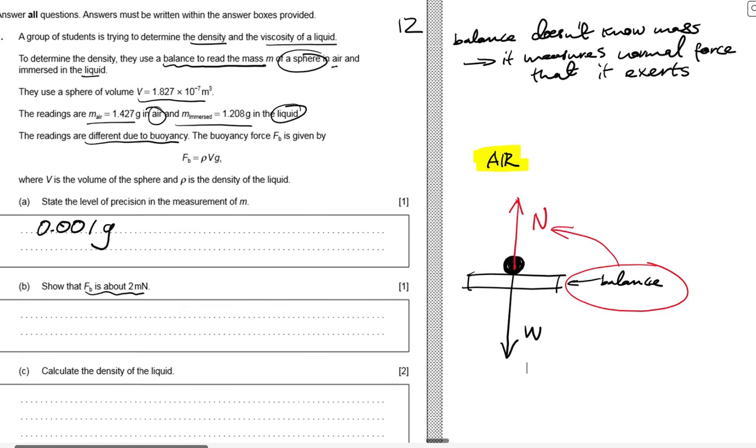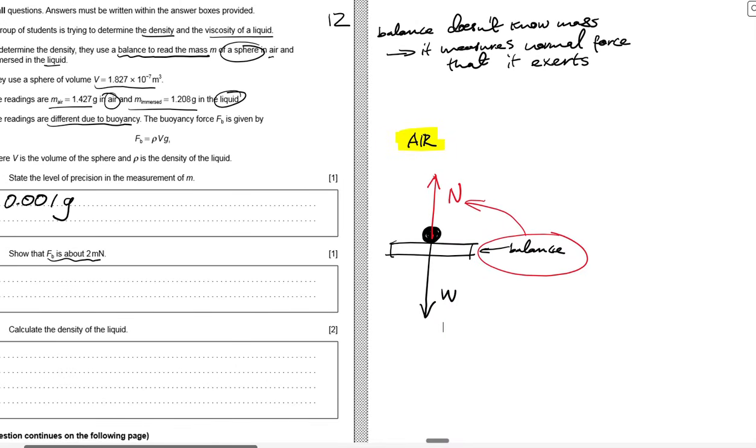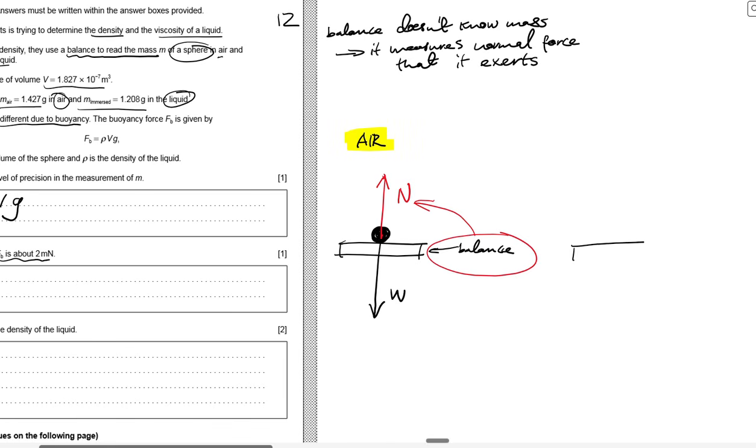Okay, and then what we're saying is when it's immersed, let's have a new diagram. So we essentially get two different equations. What's different is when the ball is immersed, now we have a buoyancy force that takes over the normal reaction. The normal reaction force does not have to act as heavily.